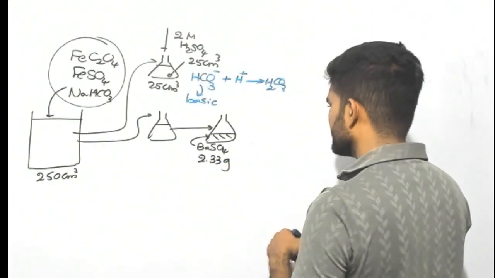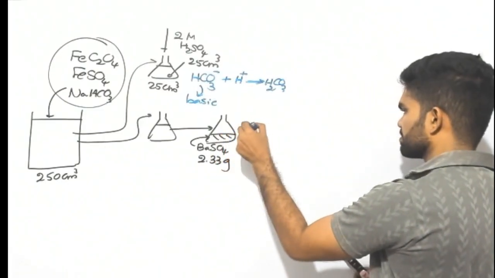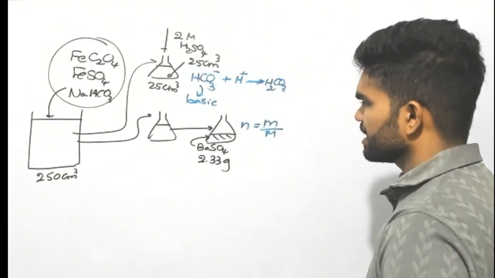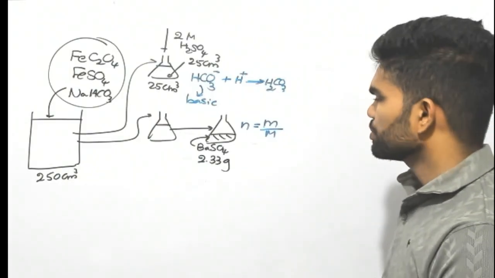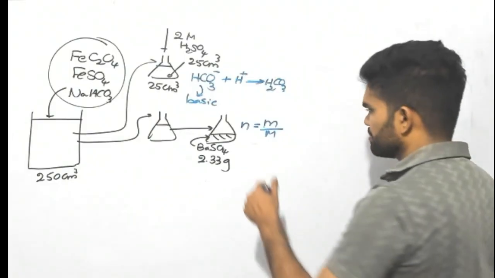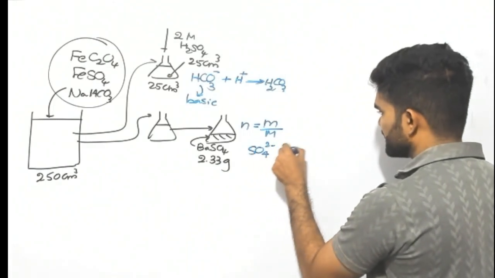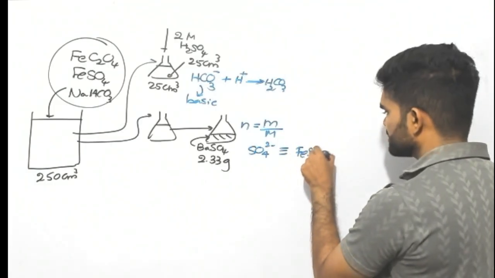If you divide this mass by the molar mass, you can find the number of moles. Then you can work back and get how much SO4 2- was there. Then moles of SO4 2- will be identical to moles of FeSO4.